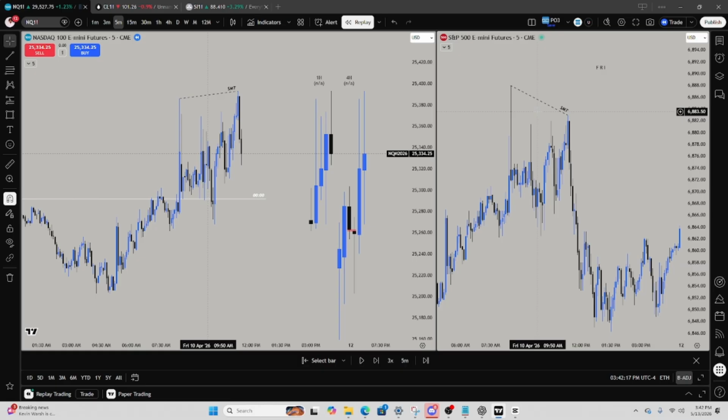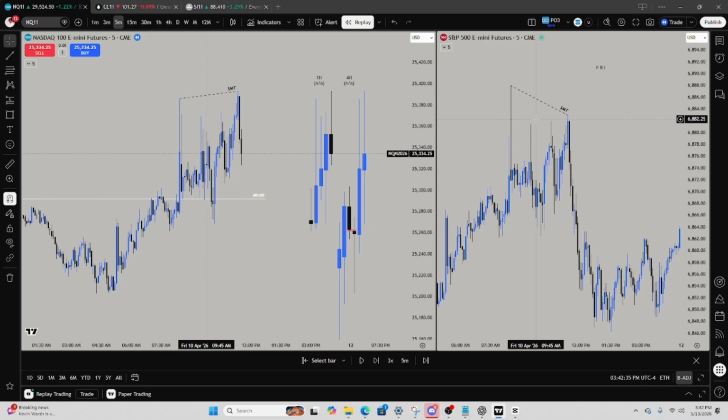In this case, not saying NQ wasn't safe to trade, but it moved up more into that high, whereas ES was better because it didn't take that high, so it confirmed even more.